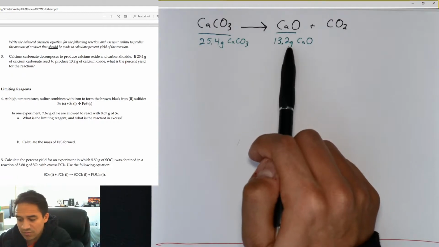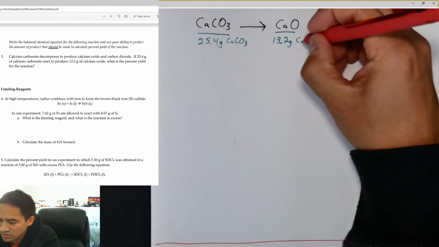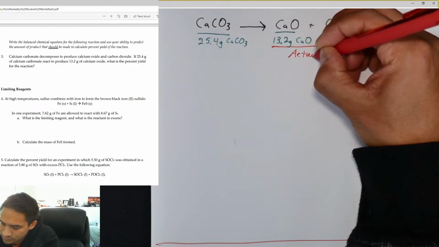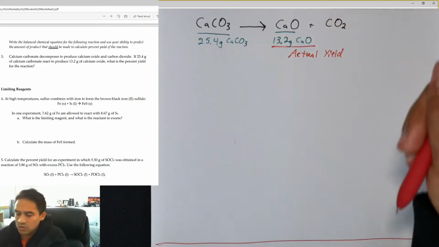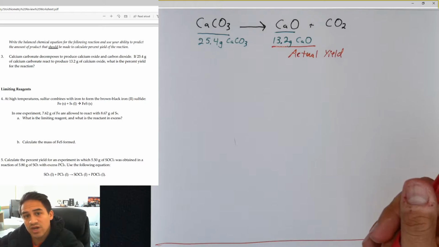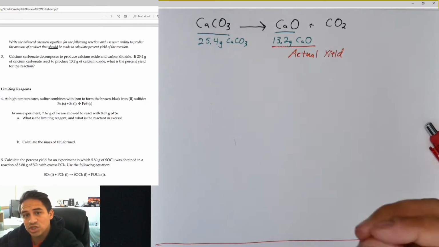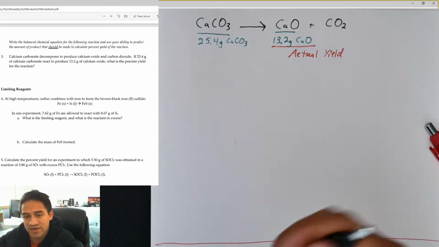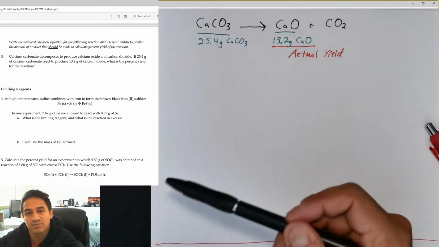So this number that they're giving here is an actual yield. Okay, this is an actual yield. We need to calculate a theoretical yield. Okay, a theoretical yield is how much should you be able to make based on calculations. And then once we have a theoretical yield, we can compare it to the actual yield to then get a percent yield.